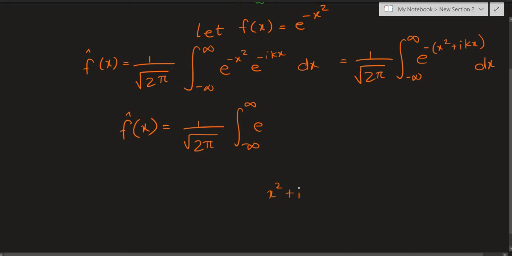We have x squared plus ikx, fine. So we can write this as x plus half of this term, ik over 2, squared. So when we square this, we have x squared plus 2 times ik over 2 times x.